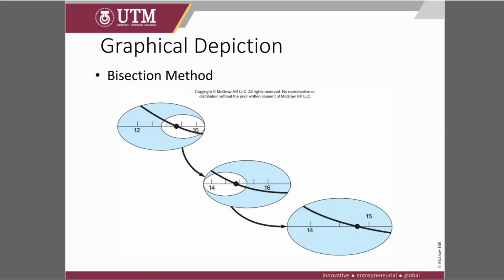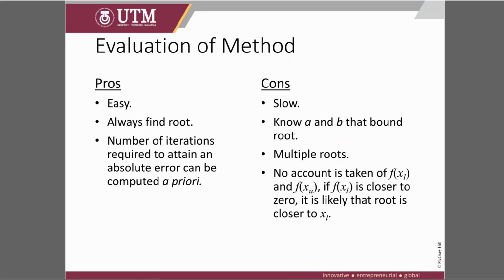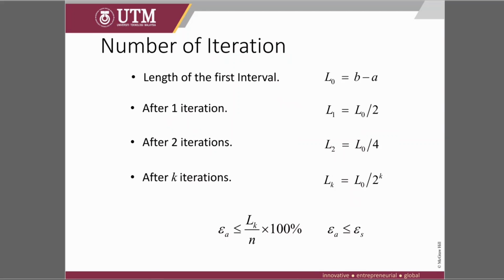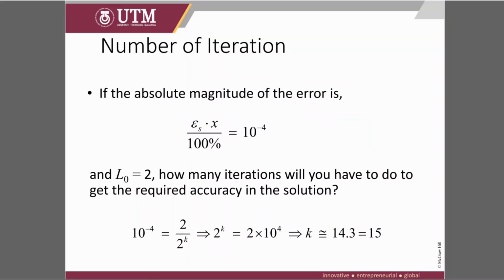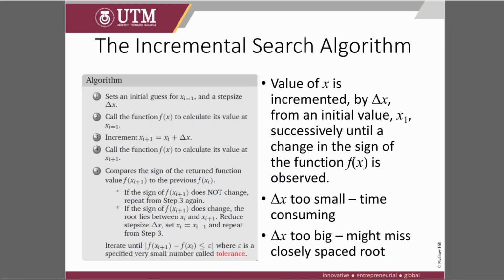I'll show you what happens when we do this calculation, then the pros and cons, and the number of iterations required to get the right precision. After that we will go to the incremental search method algorithm. Right, so let's look at my example.